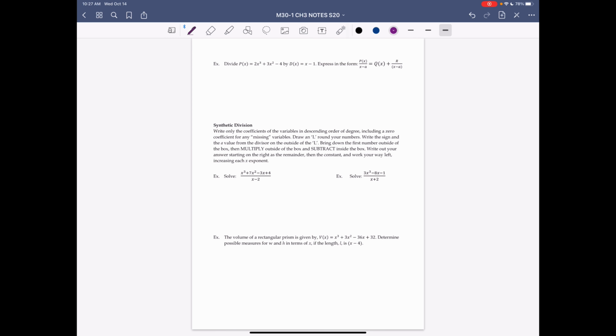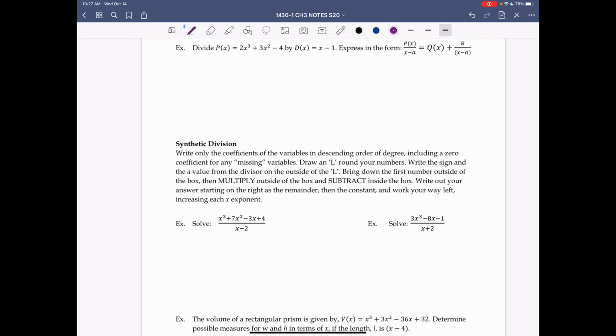Divide p of x equals 2x to the 3 plus 3x squared minus 4 by d of x equals x minus 1, expressed in the form p of x over x minus a equals q of x plus r over x minus a. Let's set up our division problem.